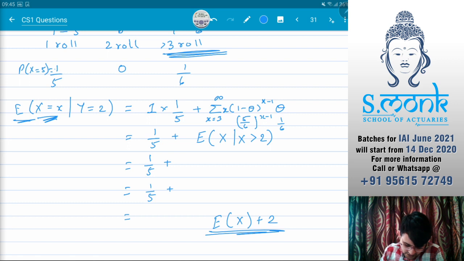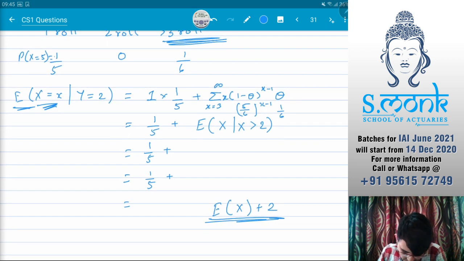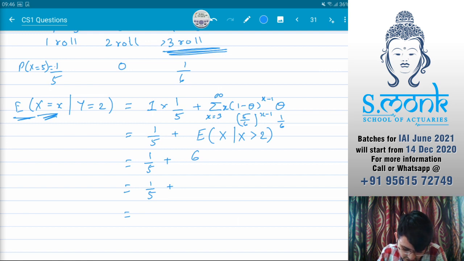Expected value of a geometric distribution is going to be 1 by theta, so it would be 6 plus 2, or I think it will just be 6. It will take 6 turns, but starting from x equals 3, so I think it should be plus 2, maybe. Let's see what we get here. This is definitely 8 and more than 8.